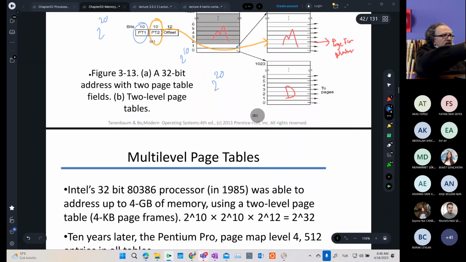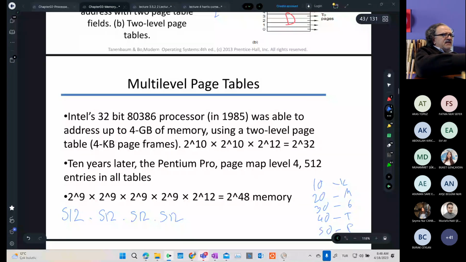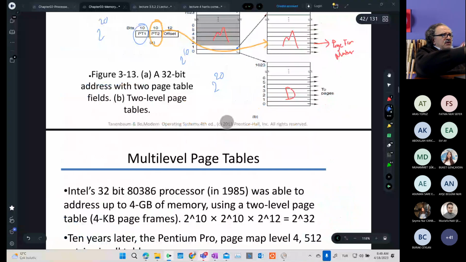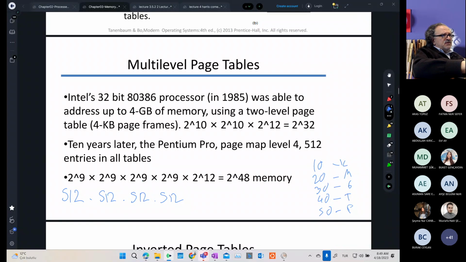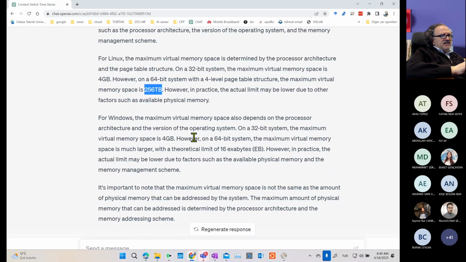Okay, by the way, this was for a very simple computer. For today's computers, for the Linux case, for example, I have 1, 2, 3, 4 levels. What did ChatGPT say about Linux? It said a 4-level page table structure. So 9 bits, 9 bits, 9 bits.